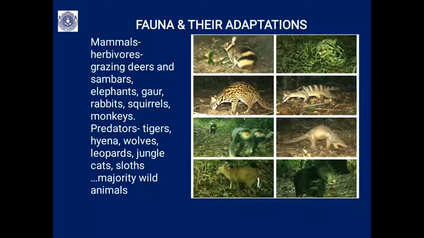Herbivore mammals like grazing deer, sambars, elephants, gaurs, rabbits, squirrels, monkeys. Then the predators like tigers, hyenas, wolves, leopards, jungle cats, sloths. The majority of wild animals are the fauna of the tropical rainforest.